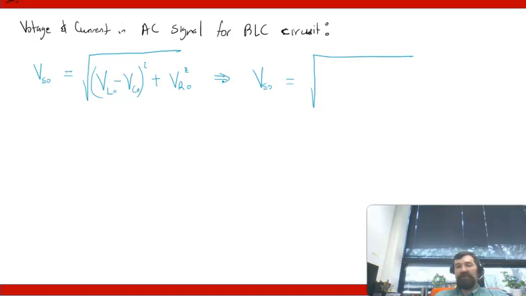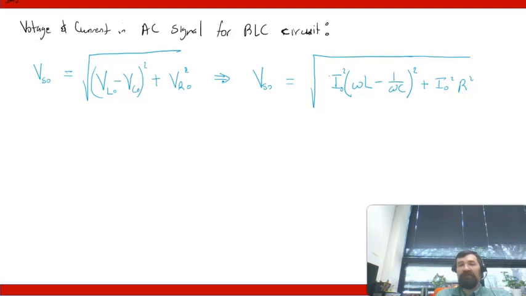So this ends up being essentially the peak current squared, if you will, times the reactance, omega L, for the inductor, minus the reactance, 1 over omega C, for the capacitor, quantity squared, plus that peak current times the resistance squared.